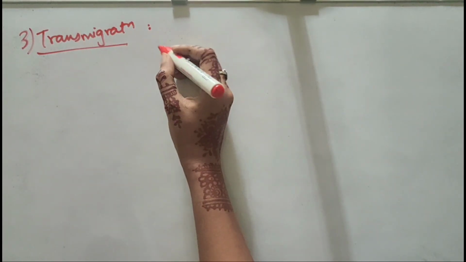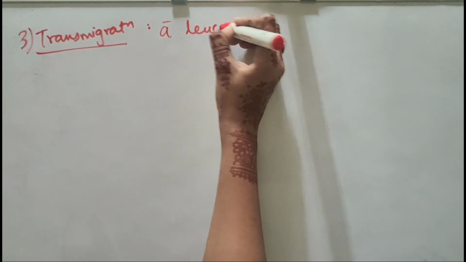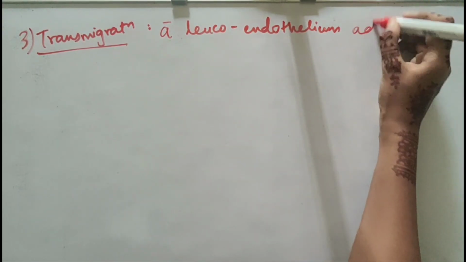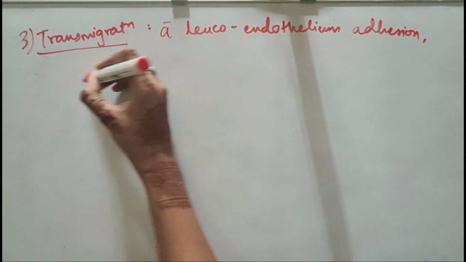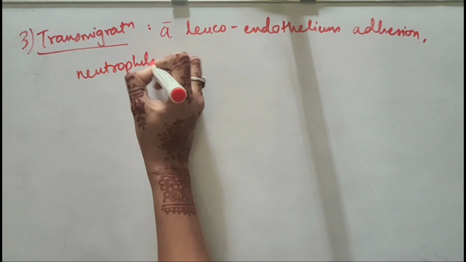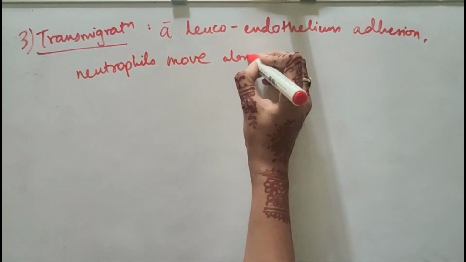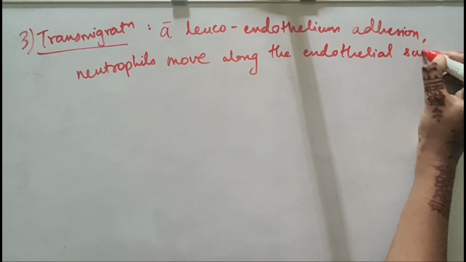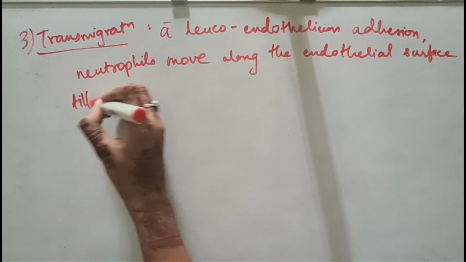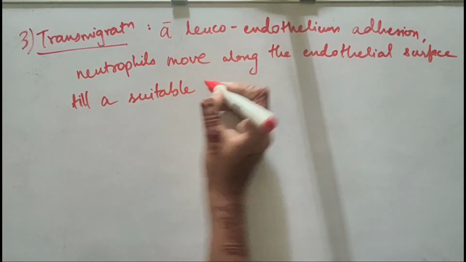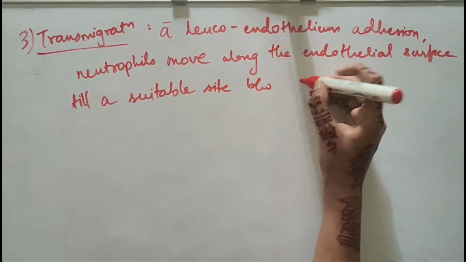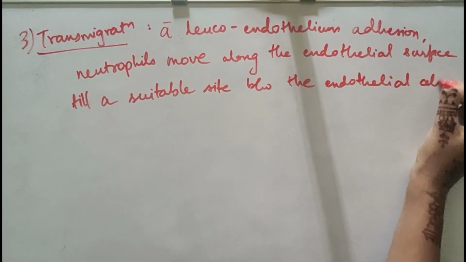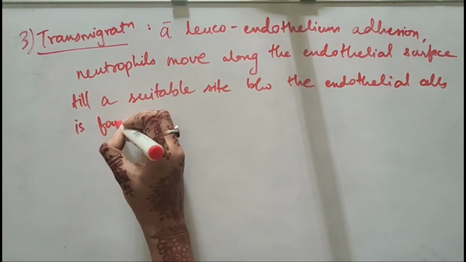So what happens is, after leukocyte endothelium adhesion, which we saw in the previous step, the neutrophils move along the endothelial surface till a suitable site between the endothelial cells is found.